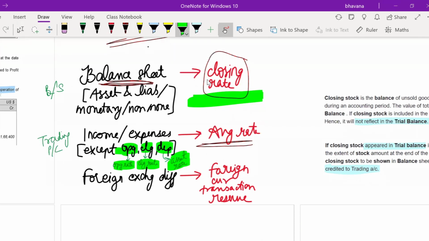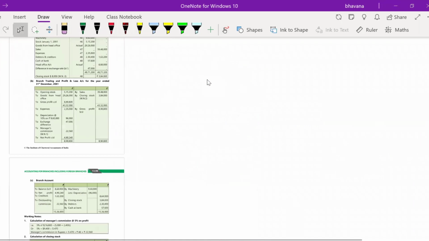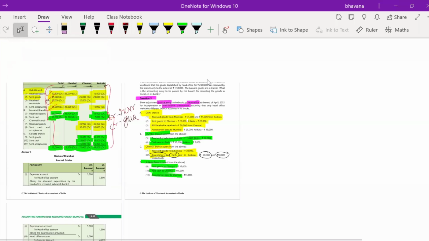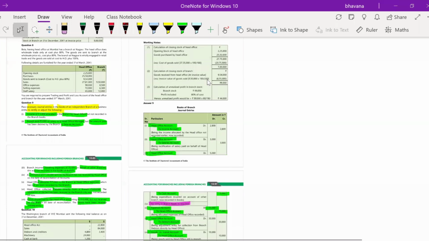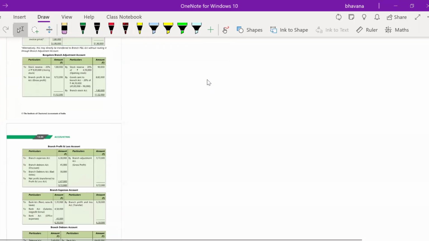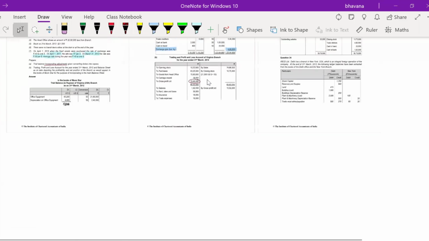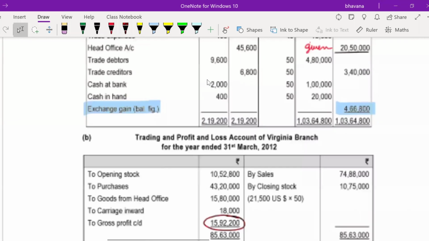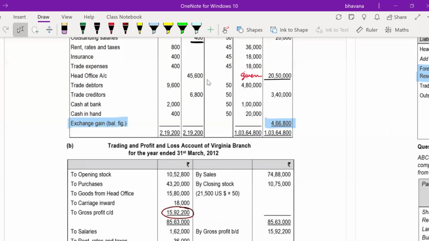Then finally, whatever foreign exchange difference was there. Once you finish the trial balance, you will get a foreign exchange difference like this.